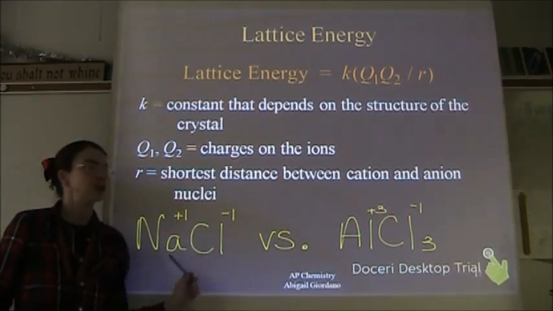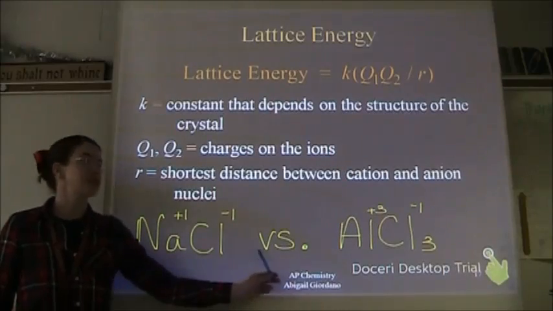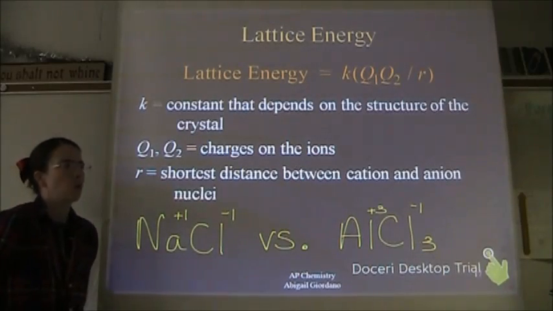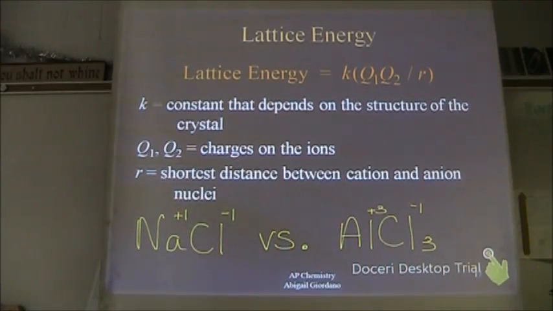You might have to explain something like this, and this is what the statement might say. Aluminum chloride has a higher melting point than sodium chloride. Okay, well, I haven't even said anything about melting point, but guys, what are you doing when you melt anything?